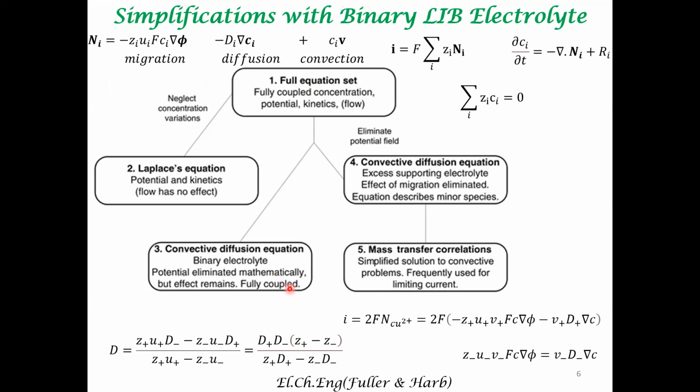The coupling obtained in a binary electrolyte gives you a simplified set of equations, and the simplified set of equations helps you eliminate ∇φ mathematically and get the current expression for a cation. We saw these current expressions when we analyzed copper electrorefining. We utilized the same set of equations to analyze a lithium-ion battery in this lecture.